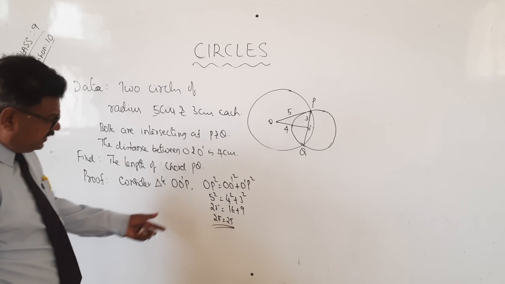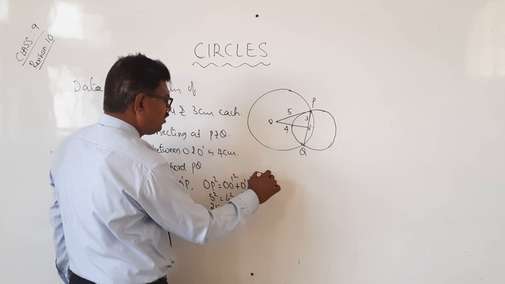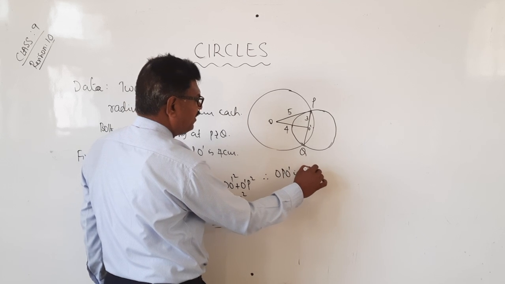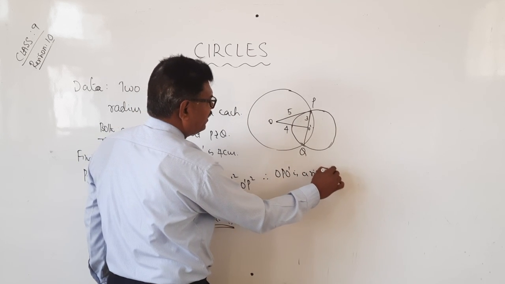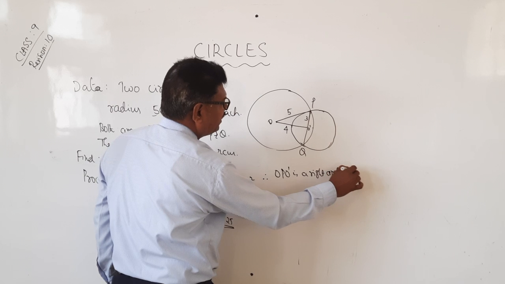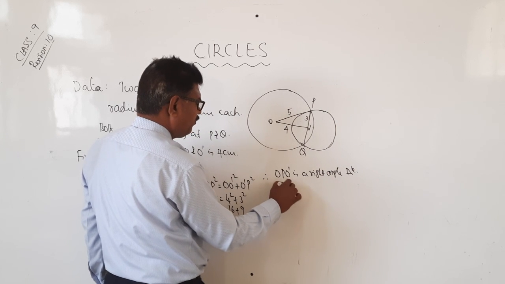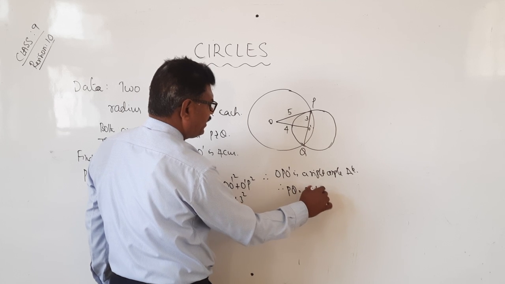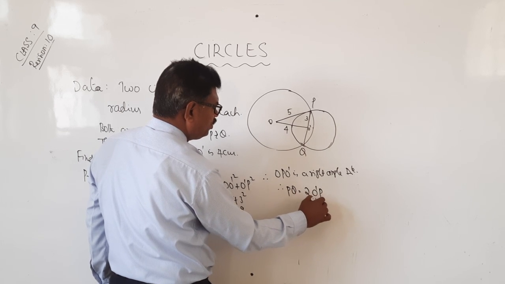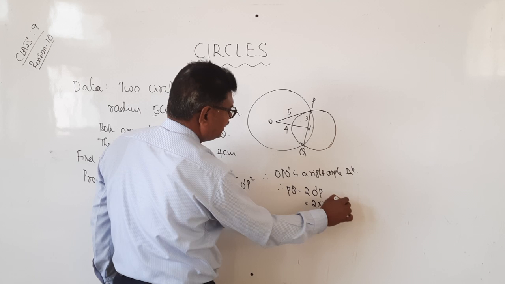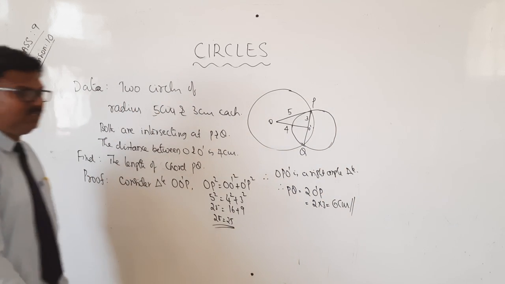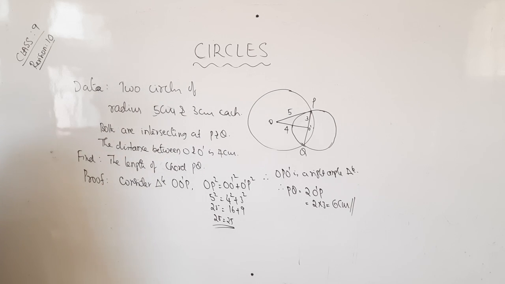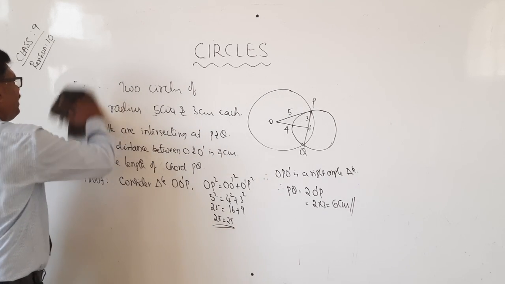That means it is a right angle. Therefore OPO dash is a right angle triangle. Therefore PQ equal to 2 times O dash P, which is 2 into 3 equal to 6 centimeters. Understood? So like this we have to prove. Please take down. So very simple problem.